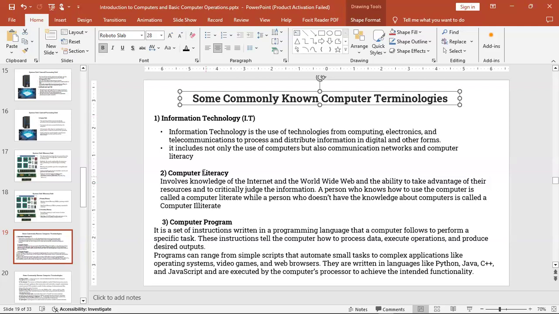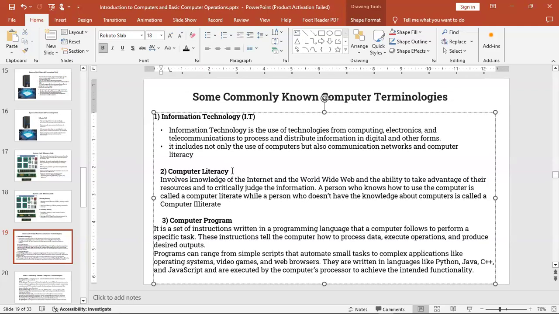Computer literacy, remember when our class started, we spoke about computer literacy. What is computer literacy? It involves the knowledge of the internet and the World Wide Web and the ability to take advantage of their resources and to critically judge information. So in a nutshell, someone that can use a computer and its components is called a computer literate.